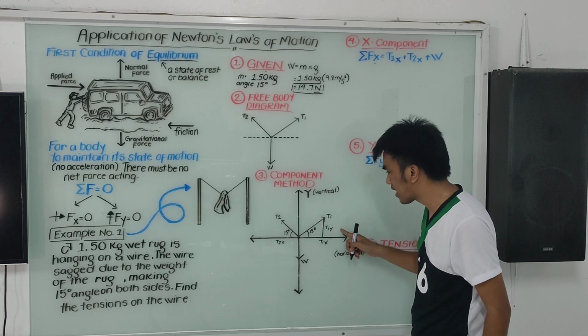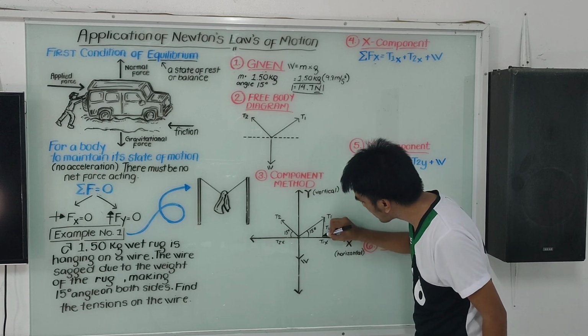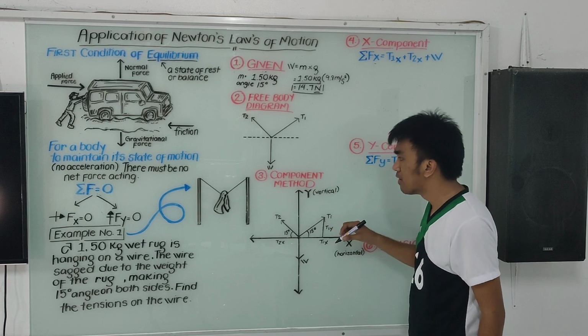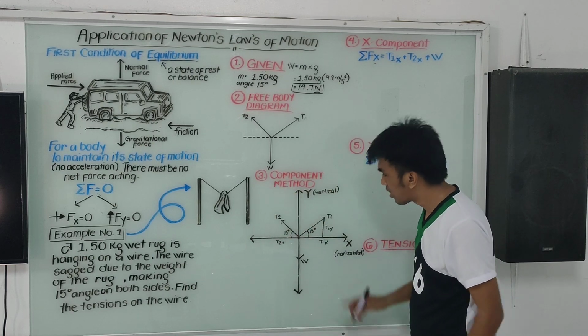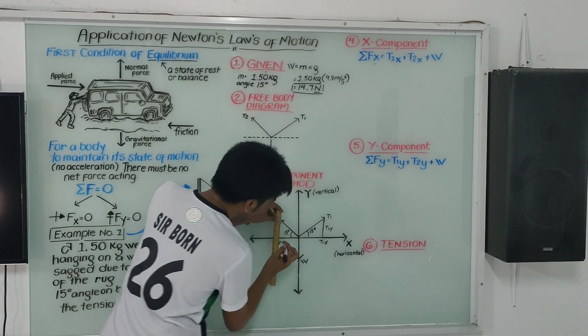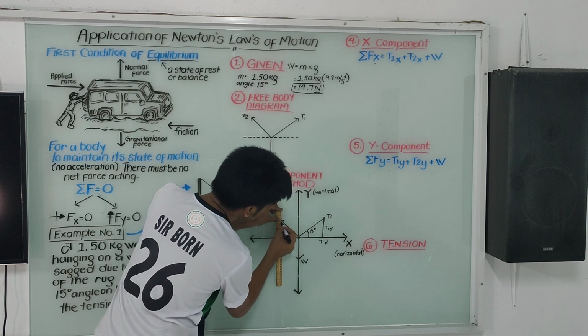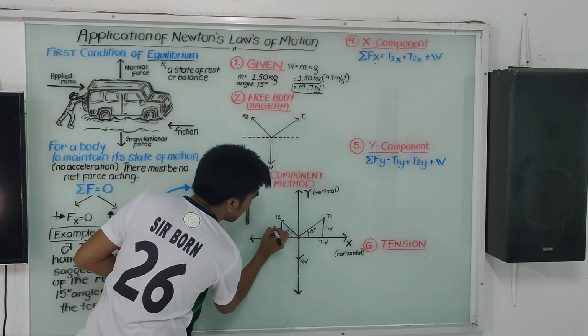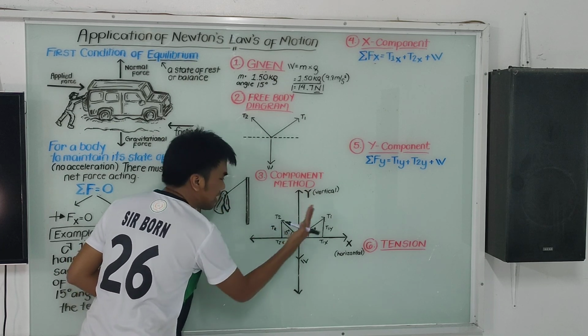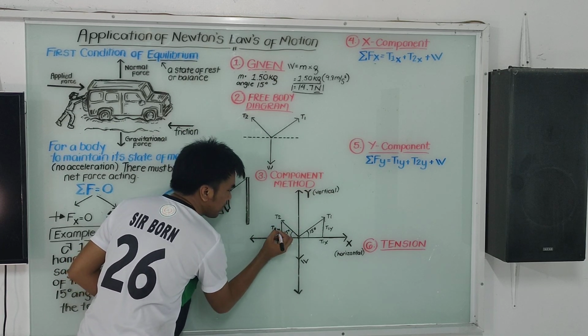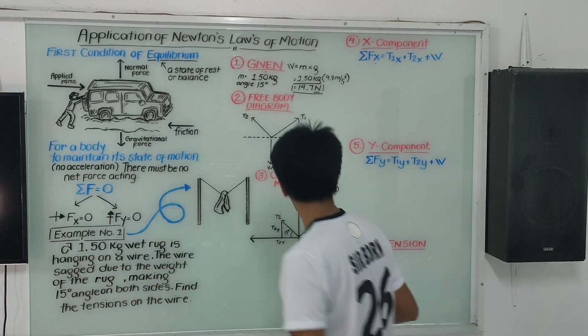This line represents the pole. On the other side, the same goes with the other side. So this is y, and this is tension 2, since we labeled this side as tension 2.